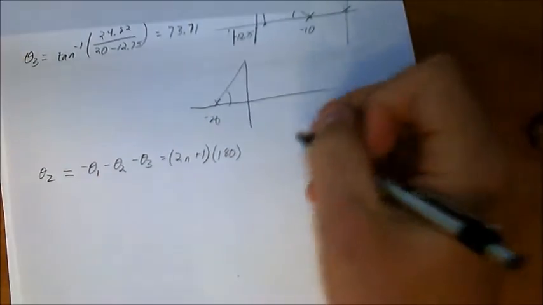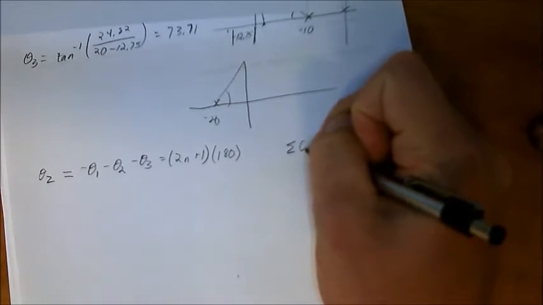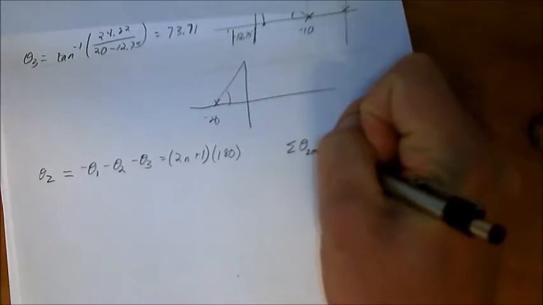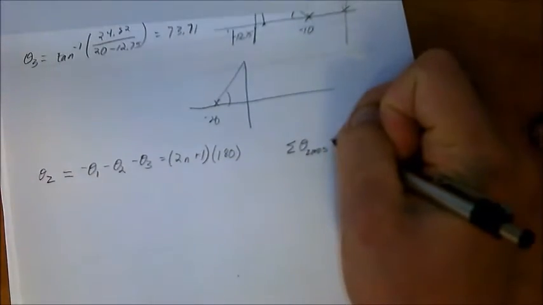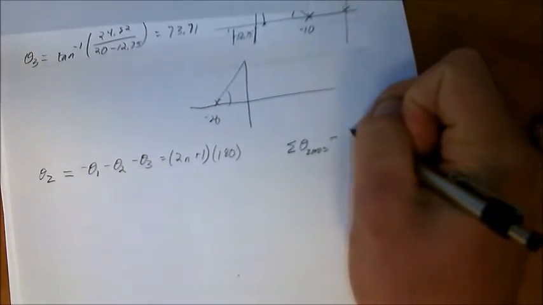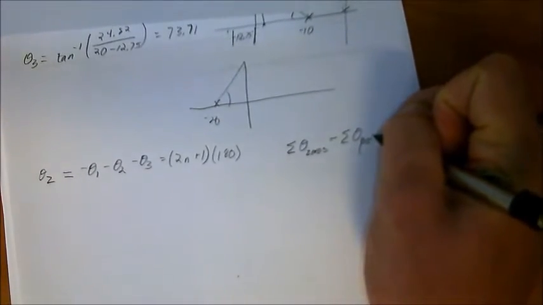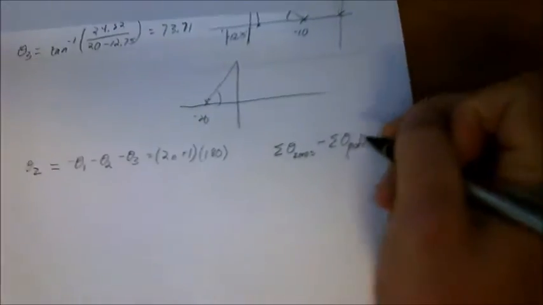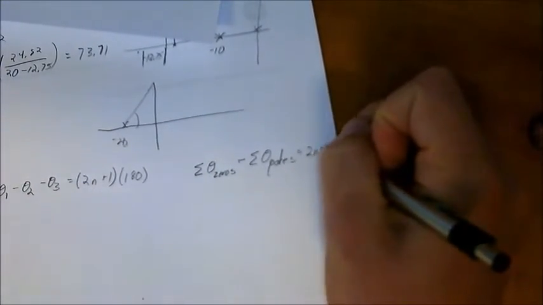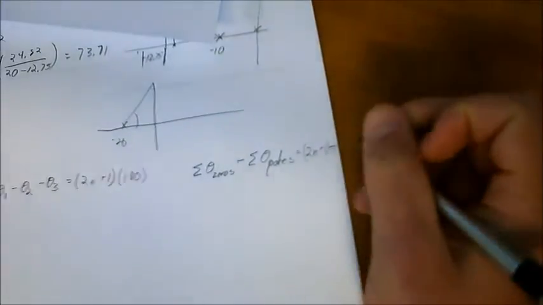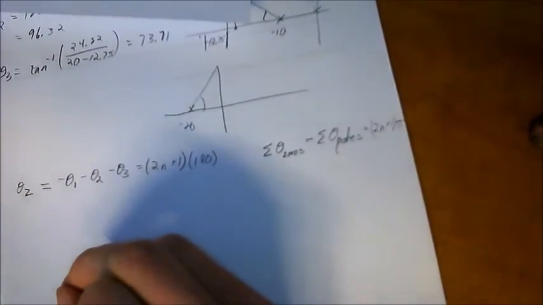This equation comes from the sum of the thetas of the zeros, minus the sum of the thetas of the poles, is equal to 2n plus 1 times pi.